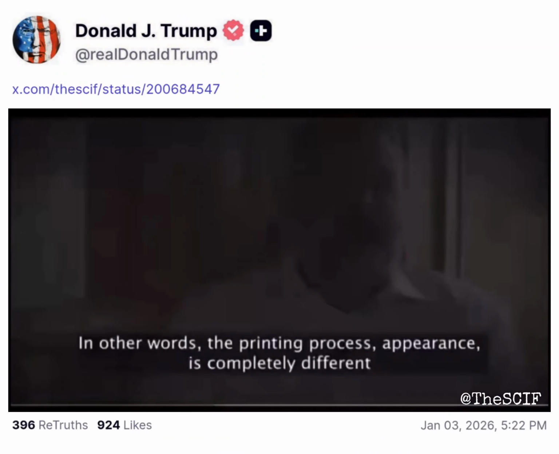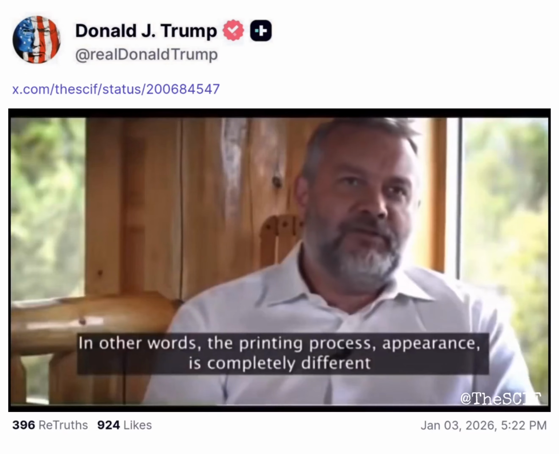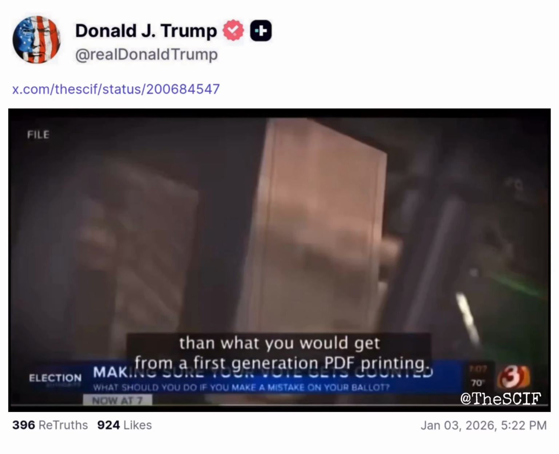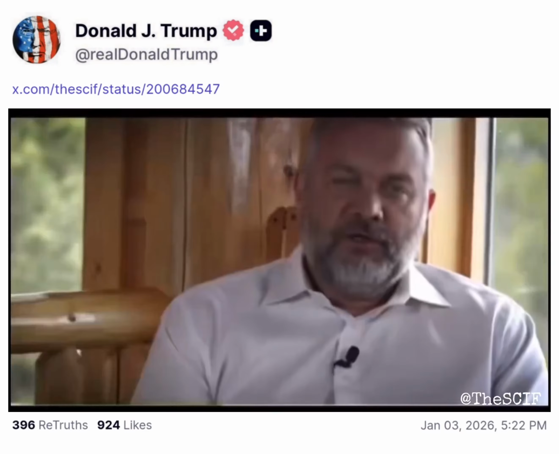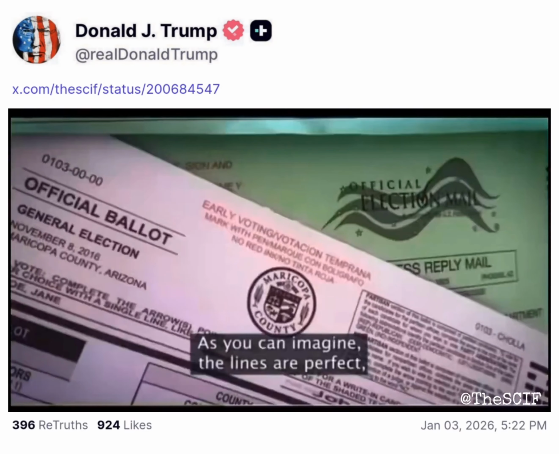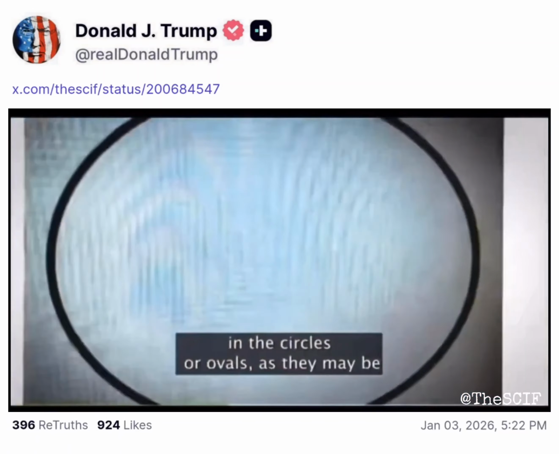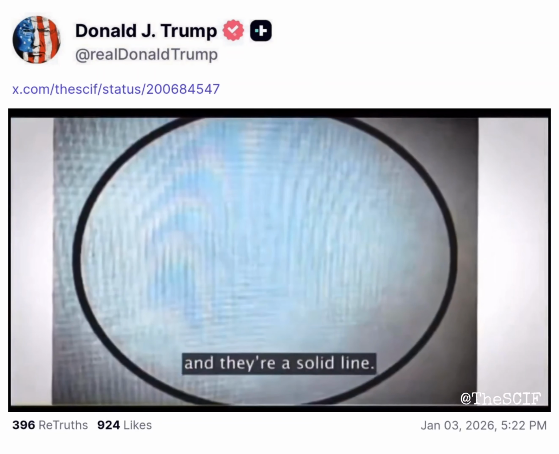In other words, the printing process, appearance, is completely different than what you would get from a first-generation PDF printing. As you can imagine, the lines are perfect. So they're perfectly straight, no breaks in them, the circles or ovals as they may be, and they're a solid line.